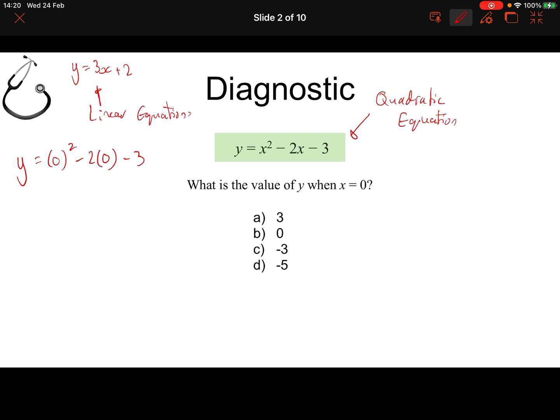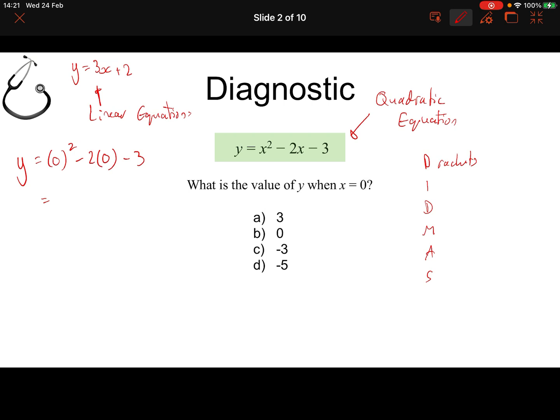Now, what we need to do to find out what y is equal to is use BIDMAS. Well, BIDMAS says the following. It says do brackets first. Now what that means when we say do brackets first is do the things that are inside a bracket first. So although I've got brackets in this equation, there's nothing to do inside of them. It's just 0.